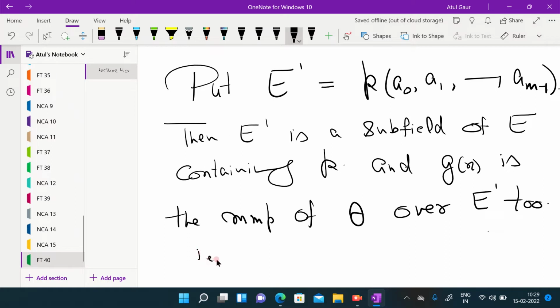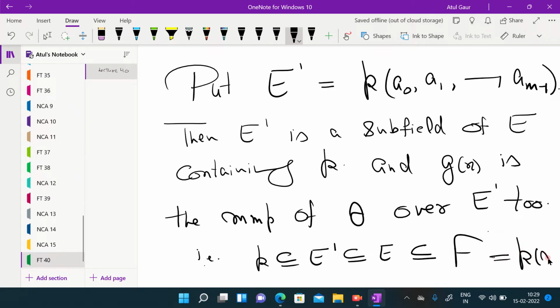So basically what is happening, you have K contained in E'. Where is E'? Inside E. And where is E? Inside F. And what is F? F is K(theta).